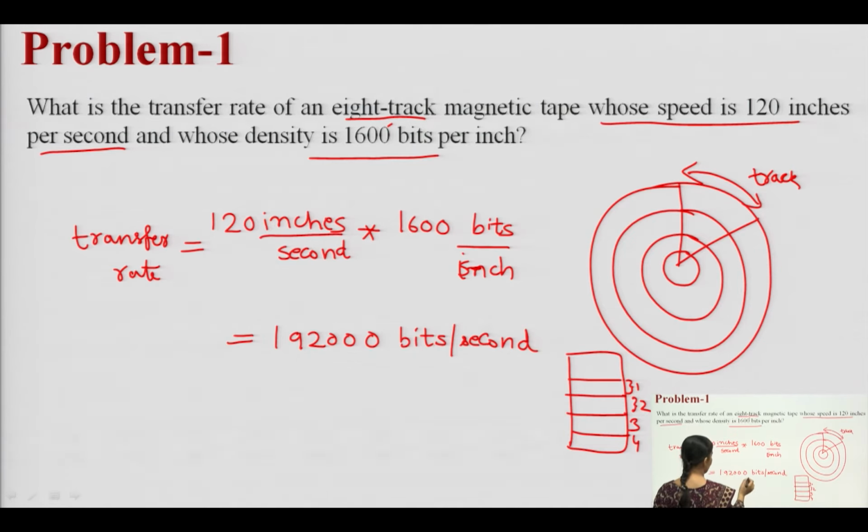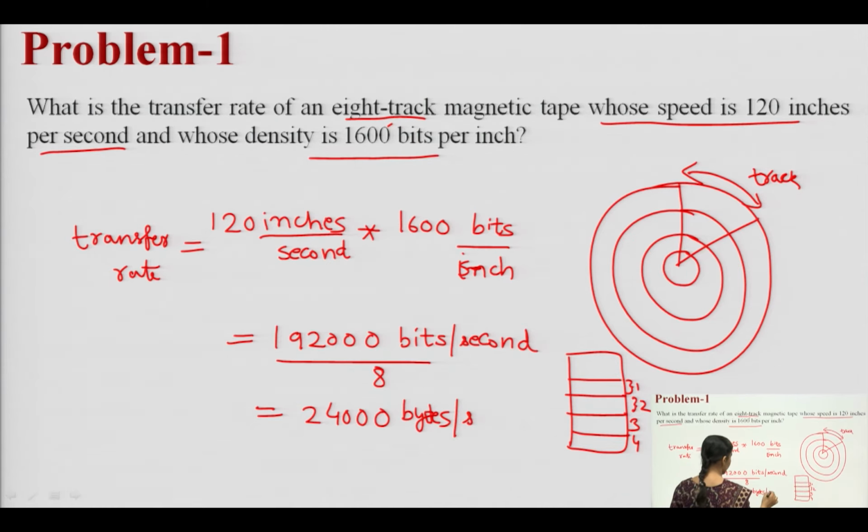If I convert it into bytes, I will divide it by 8. This will be the transfer rate of this magnetic tape that has a speed of 120 inches per second and can store data at 1600 bits per inch.